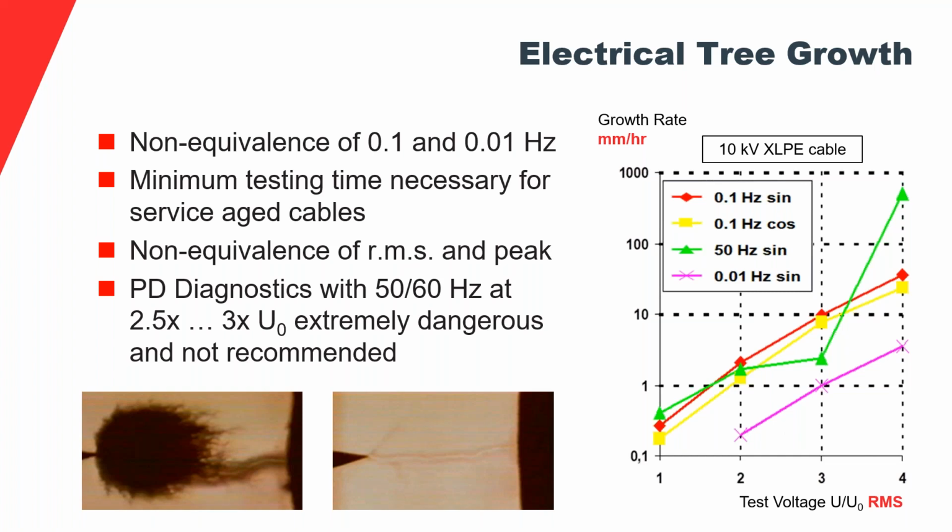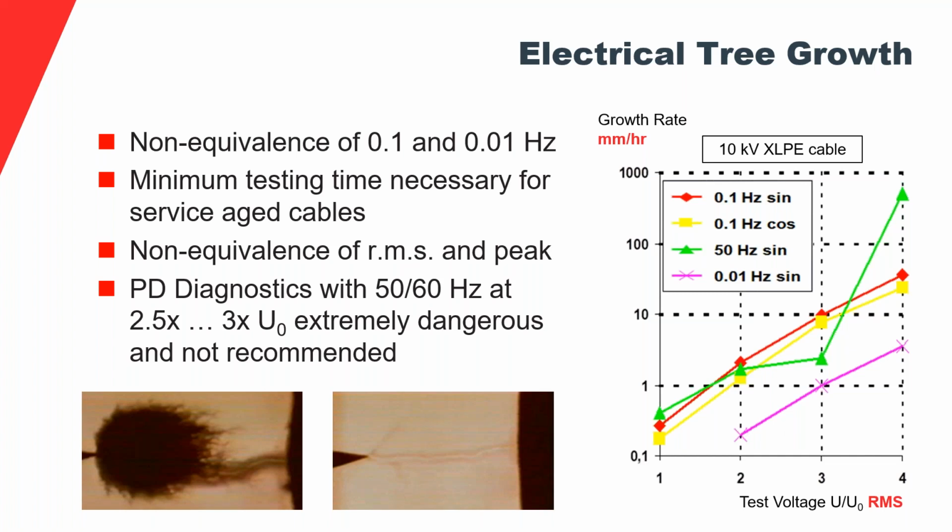Why is that important? Because very early on, it was found by researchers that if you do the test at elevated voltage, for instance, 3 times U0, you have a significant acceleration of the electrical tree growth, which is important because otherwise it would be silly.